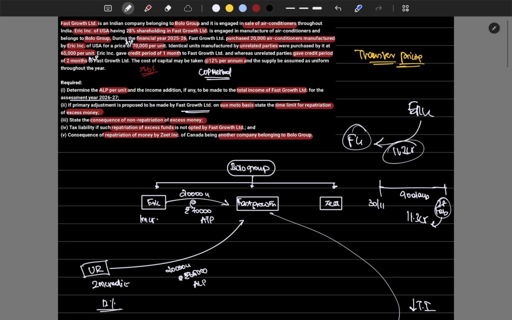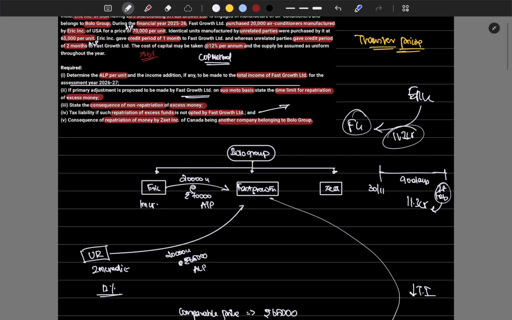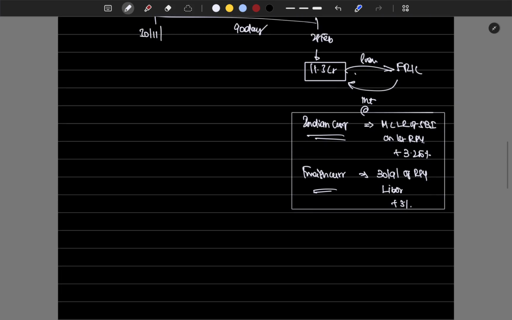Okay, tax liability if repatriation of excess funds is not opted for. Say Fast Growth says, I don't want to repatriate the excess funds. What tax do I have to pay to stop the consequence of the excess money? The government says, okay, you don't need to repatriate, but you need to pay tax of 11.3 crore into 20.9664 percent.